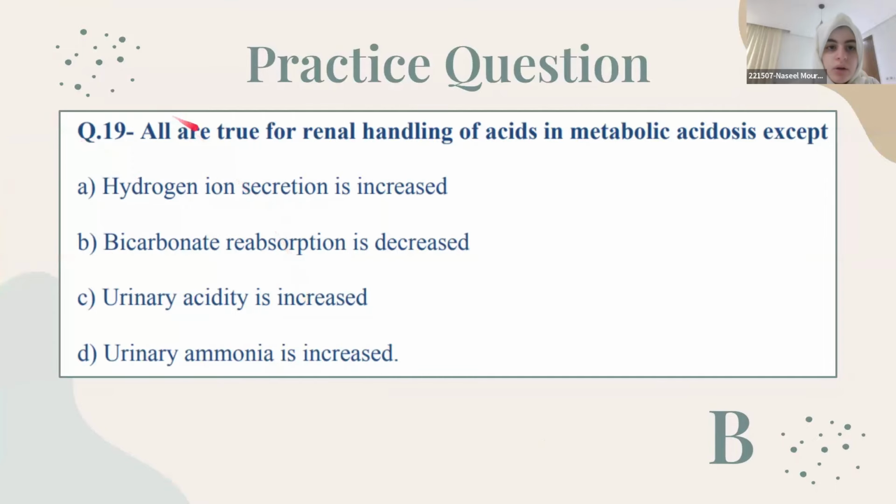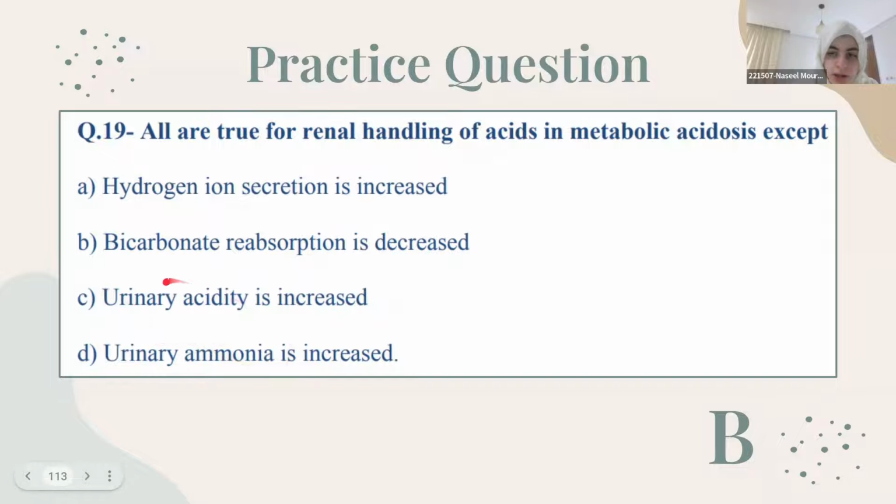Why is it B? All are true for renal handling of acids and metabolic acidosis, except. So basically, I'm asking you which of the following is false. I'm not asking you which one is true. So look at which ones are actually happening in metabolic acidosis. Does the hydrogen ion secretion increase in the urine when we have metabolic acidosis? Yes, because you're trying to get rid of hydrogen.